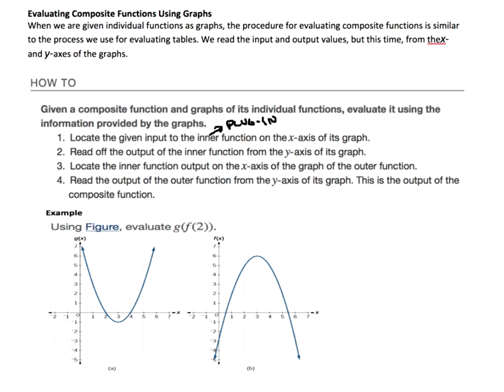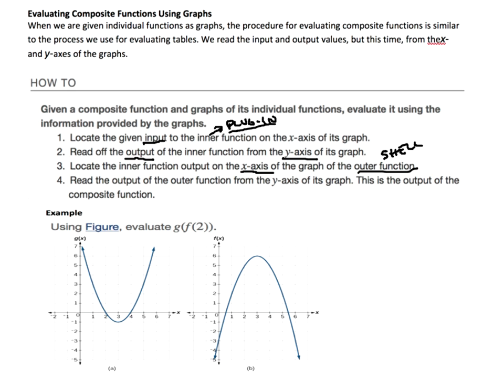That's what we've been calling it. The plug-in function on the x-axis of its graph. So that's the input of the plug-in. And then we're going to read off the output from that plug-in function from the y-axis. You're going to use that output as the input on the x-axis for the outer function or the shell function.